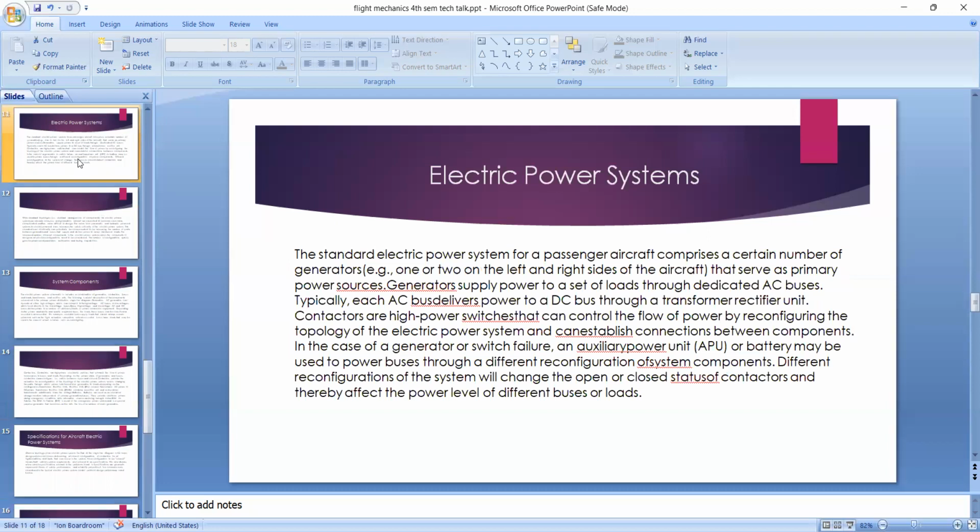Electric power systems. The standard electrical power system for a passenger aircraft comprises a certain number of generators, one or two on the left and right sides of the aircraft that serve as primary power sources. Generators supply power to a set of loads through dedicated AC buses.